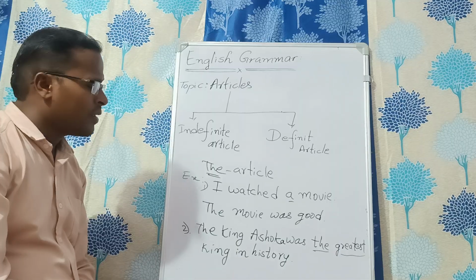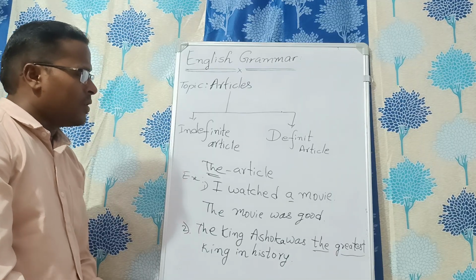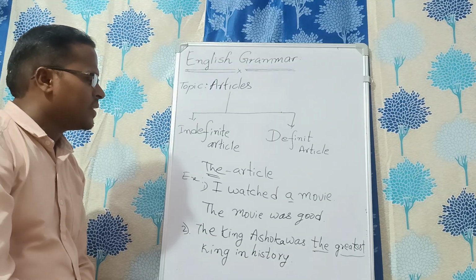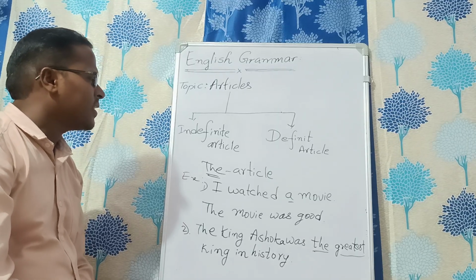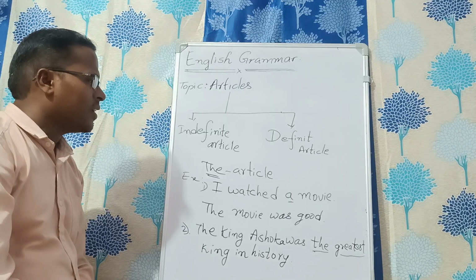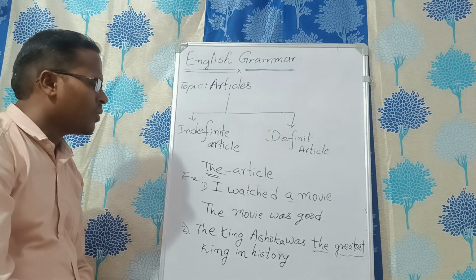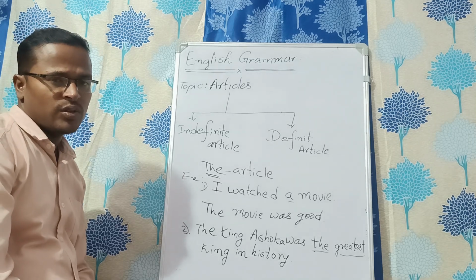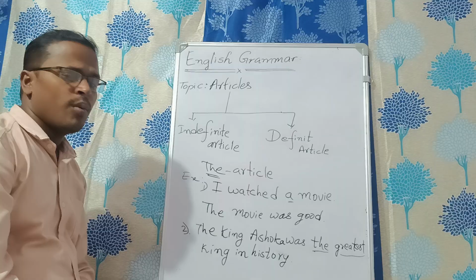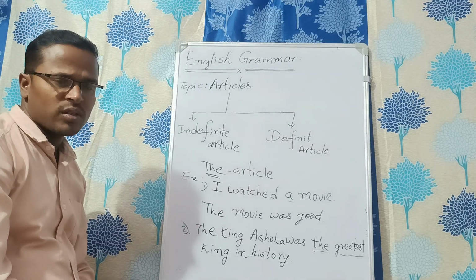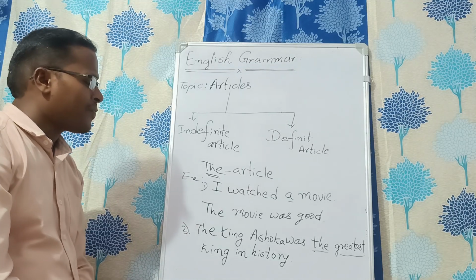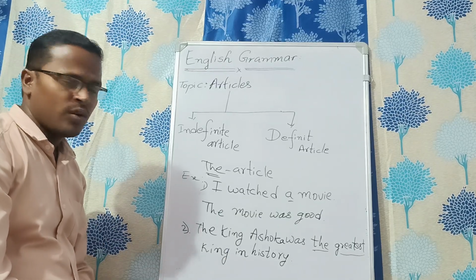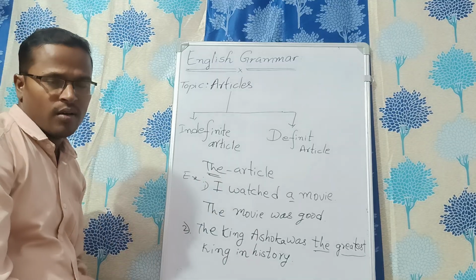So this is the difference between the definite article and indefinite article. See, still you need to learn more information about the article. So what I told you before, the repeated common nouns and before the superlative degrees, you have to use the.